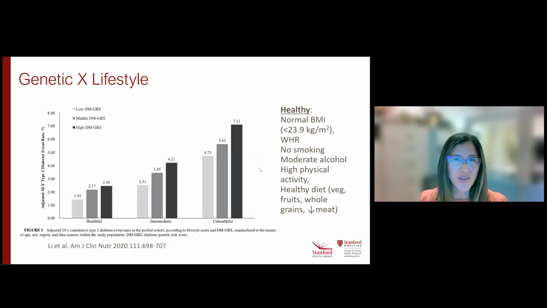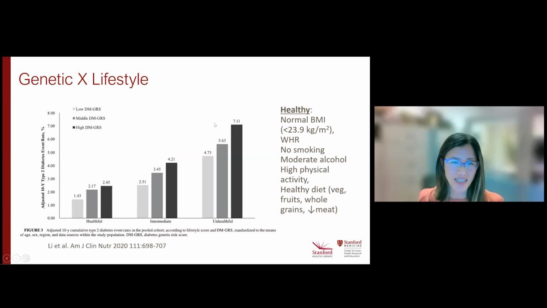And then I'm leaving you, I think, with more hope. If you're worried about diabetes, I don't want you to be depressed by this data, because even if you have genetic risk for diabetes, lifestyle makes a huge impact.